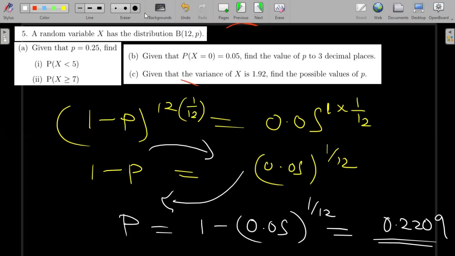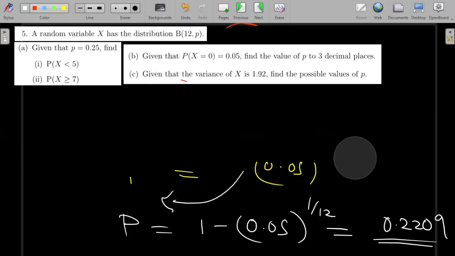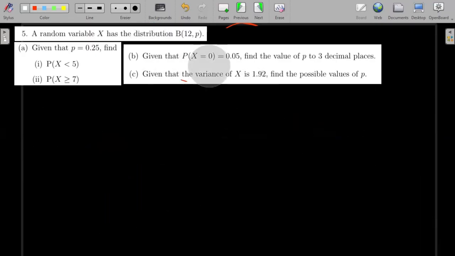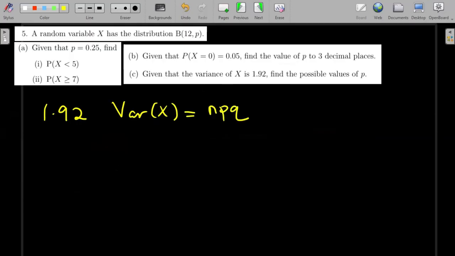Right, and then let's look at C. So C, they're saying given that the variance of X is 1.92, find the possible values of P. All right, so when it comes to the variance of a binomial distribution, it's simply given as NPQ.